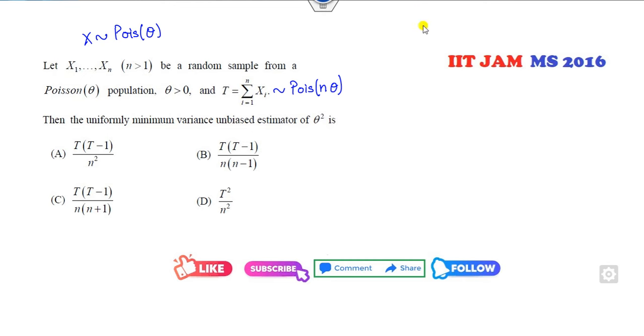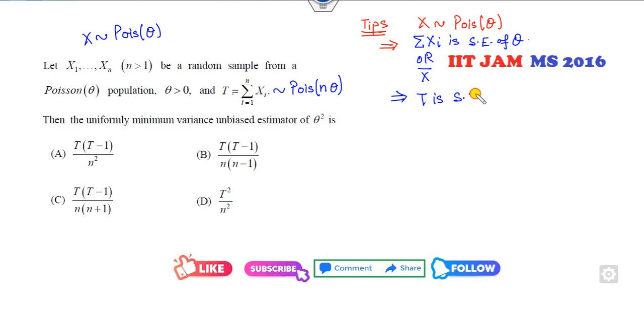Remember always, for the Poisson distribution, the sufficient estimator is the sum of xi, or x bar, for theta. So this is the same as that, which implies T is a sufficient estimator of theta.